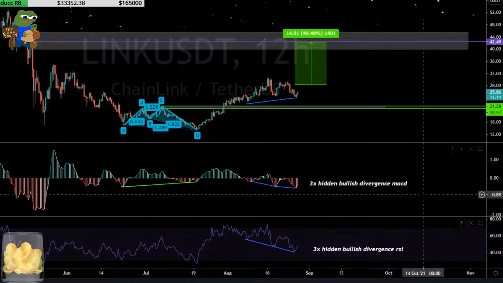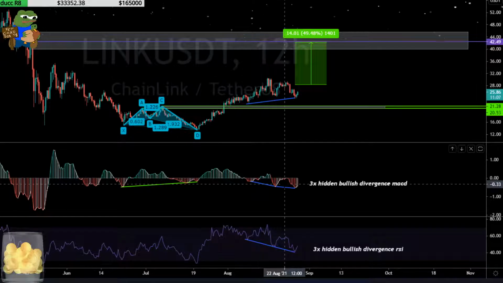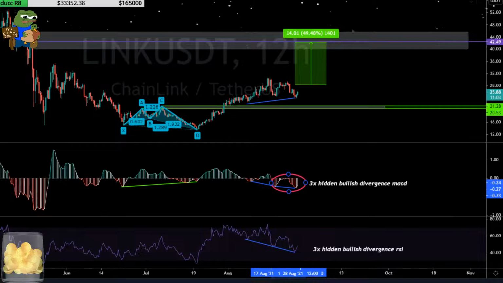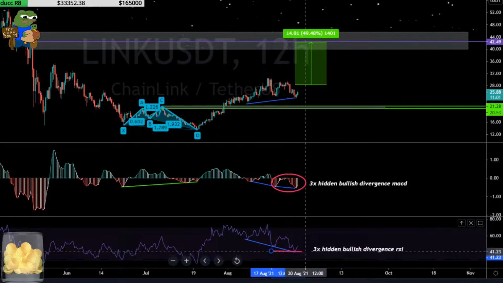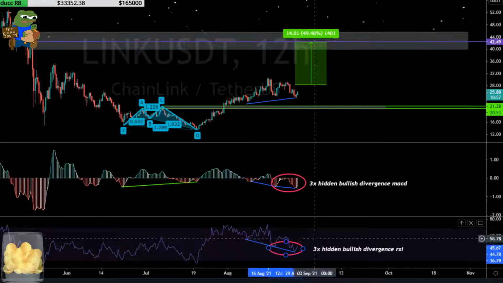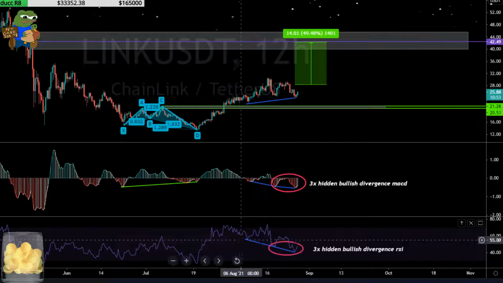Twice, 2 times. You heard it here first. Hidden bullish divergence just developing for the 3rd time.